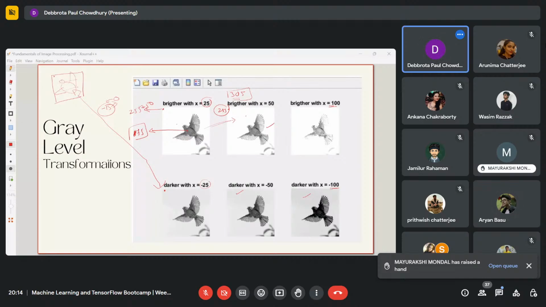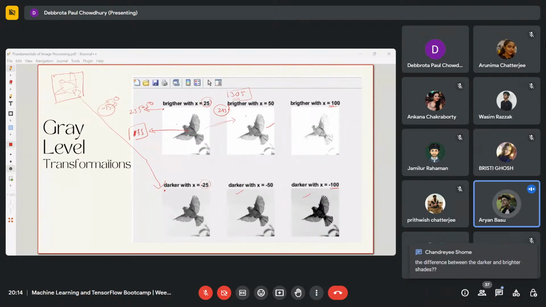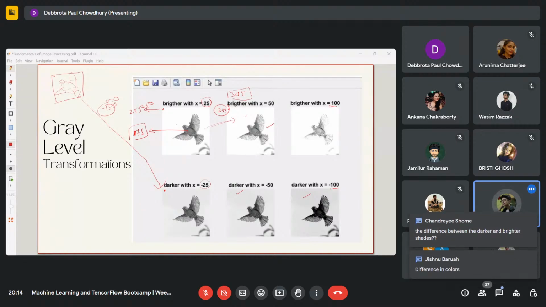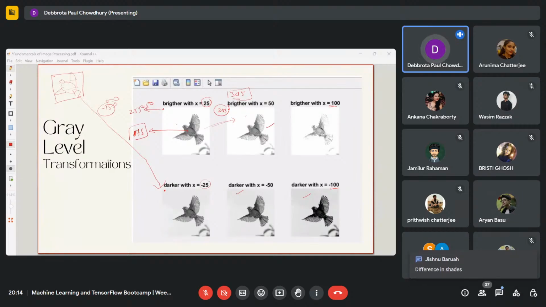But that is brightness, actually. So what is contrast then? How is contrast different from brightness? If I decrease the contrast, it will eventually become totally black and white. Yes, you're getting it. If I increase the contrast, the colors will be more vibrant, catchy, eye-catching. Yes, that's the term you can use.